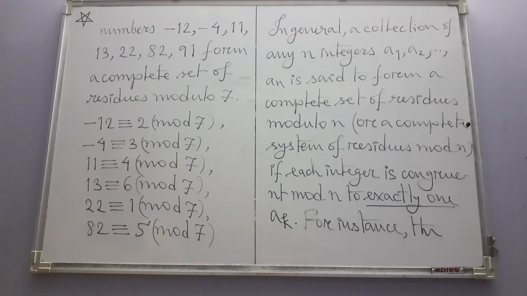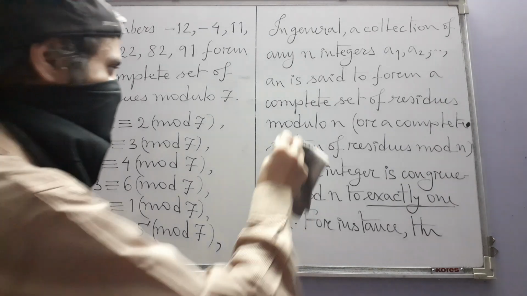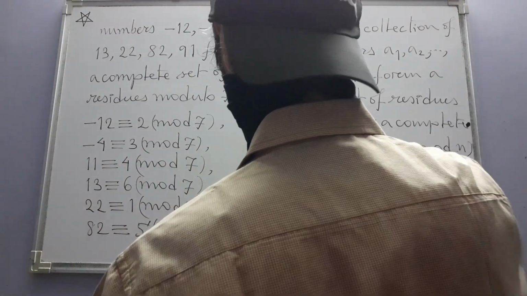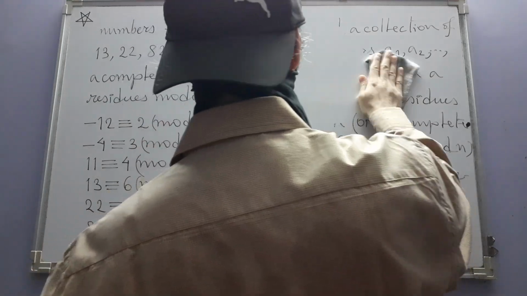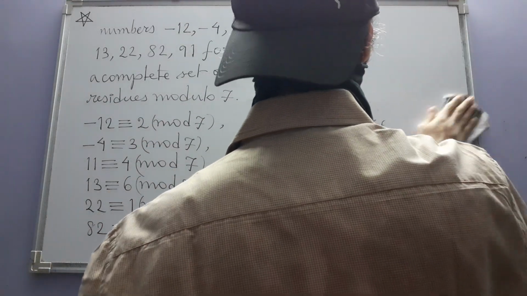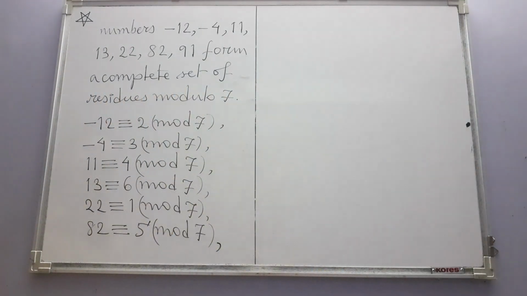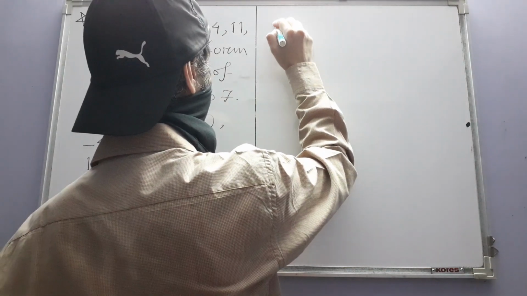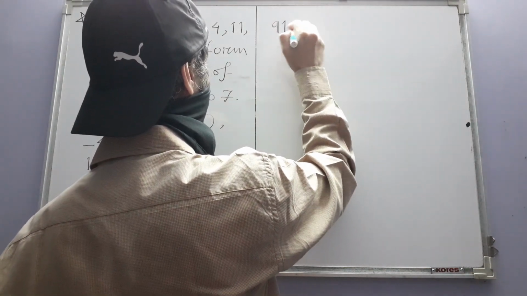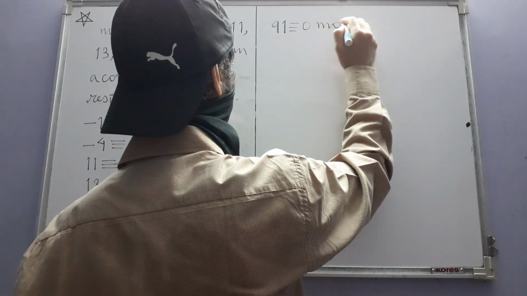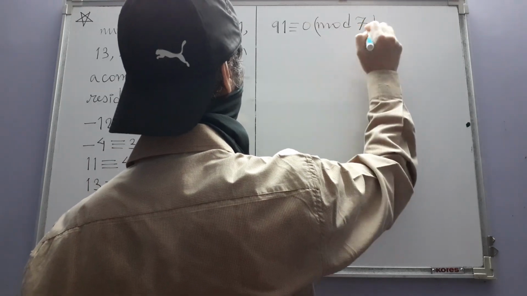Let me just see. 77. 82 minus 5 is 77, so 82 is congruent to 5 mod 7. And there is one more, 91, right? Which I think is divisible by 7. 7 times 13 is 91. Yes. And 91 is congruent to 0 mod 7.